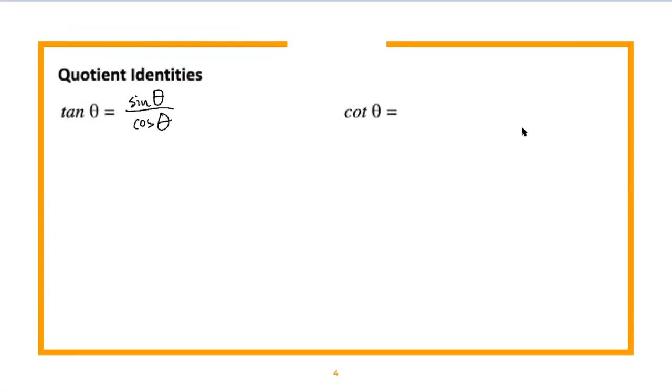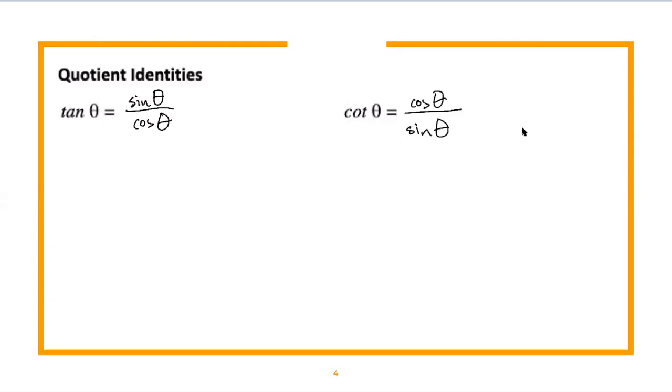And so that is actually our quotient identity. If we see tangent, we could rewrite it as sine over cosine. Now, what does that mean we could write cotangent as? Cosine over sine. Cosine over sine, perfect.